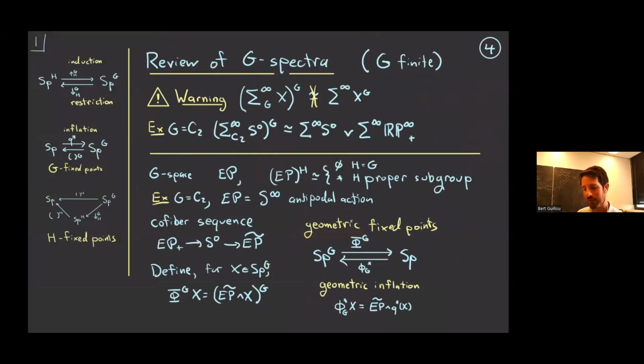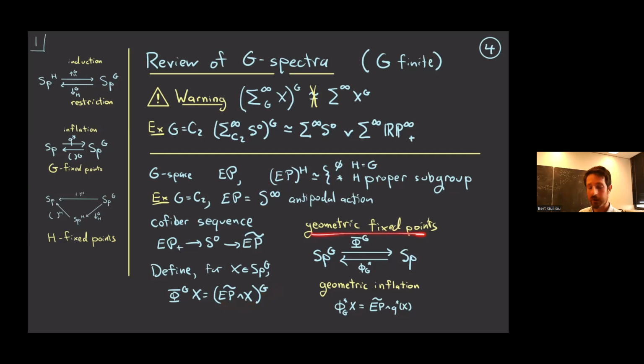Again, they behave the way we might hope with respect to suspension spectra. We'll see that on the next slide. Here's the definition on the lower left. You take your X and you smash it with this G space. This G space is this cofiber, and what it does is throw away all the information at the proper subgroups and retain only information at the whole group G. So you first smash with that, which throws away a bunch of information, and then you pass to fixed points. So this gives a different construction.